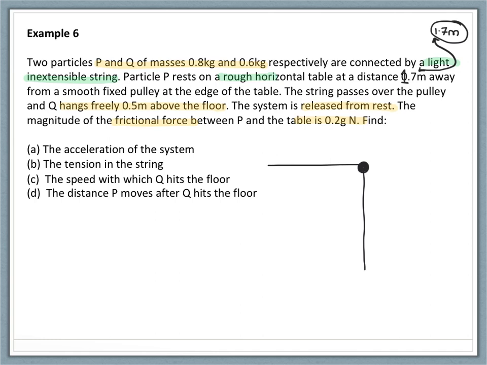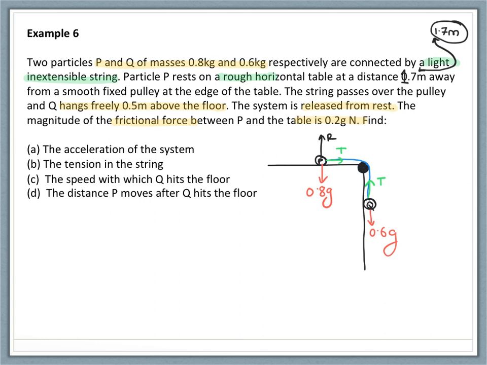Let's draw in the string, which passes over and here, and connects up to particle P and particle Q. We know what their weights are, 0.8g for P and 0.6g for Q. And we know that there'll be a reaction force here of the table pushing up on P, a normal reaction. Let's add in the tensions. P is being pulled towards the pulley like that, and a tension in the string here keeps Q held upwards like that to start off with.